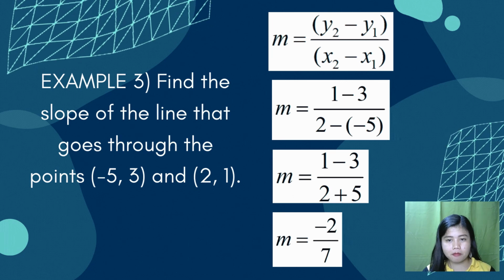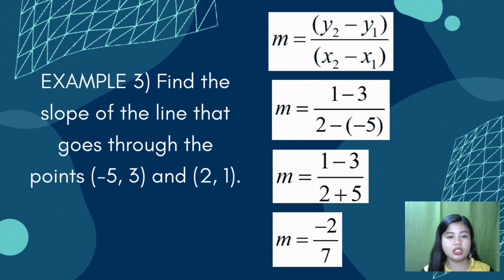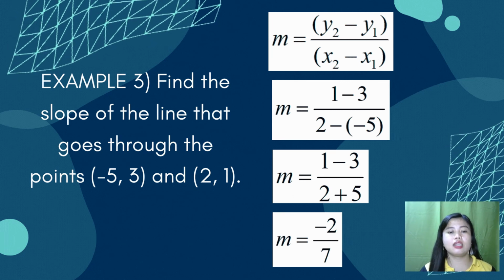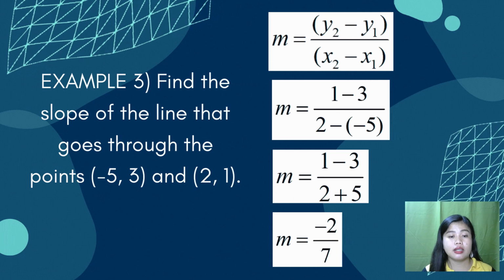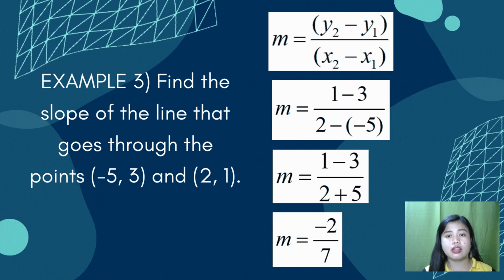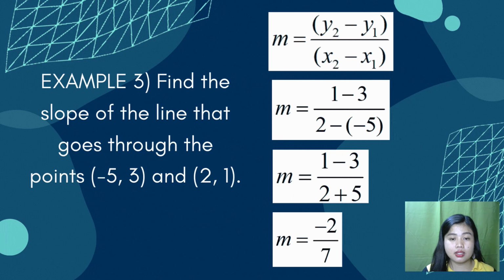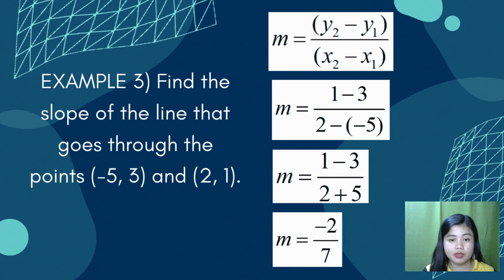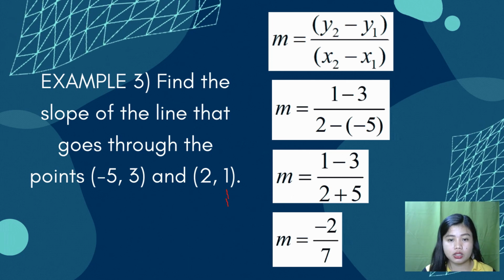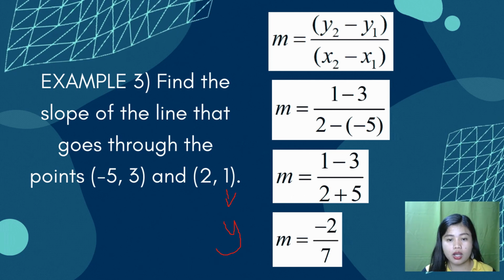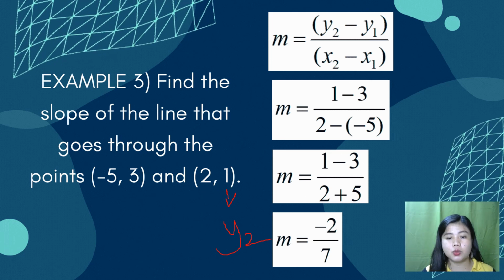Example, find the slope of a line that goes through the points. Let's identify first the y sub 2. Y sub 2 is, yes, it's 1. So this is our y sub 2.